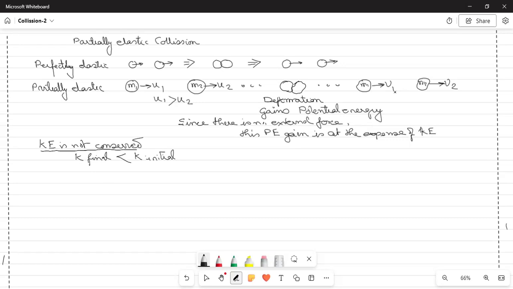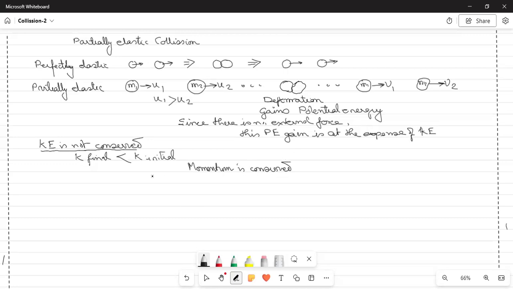So far as their equations are concerned, momentum is conserved.